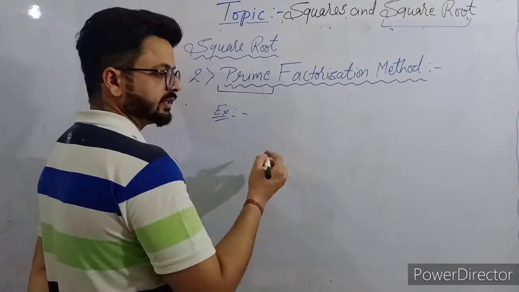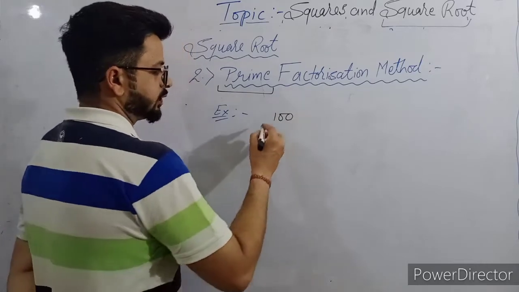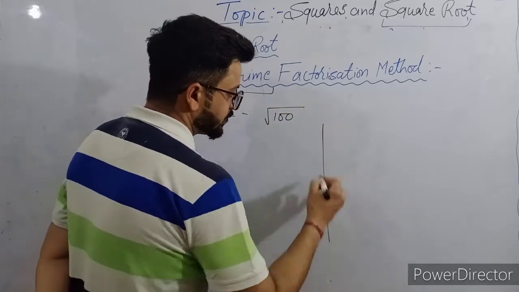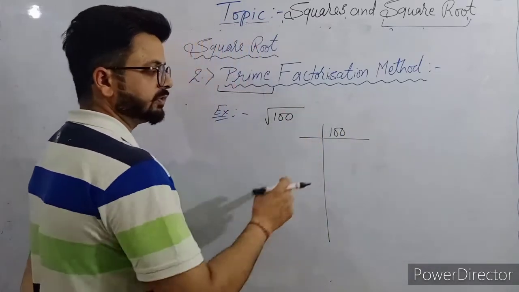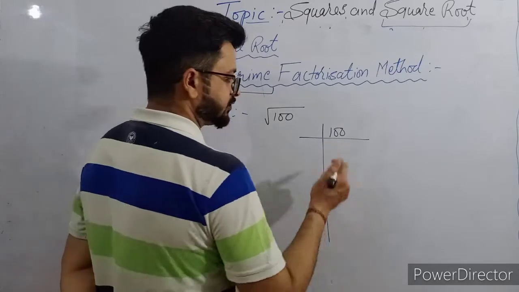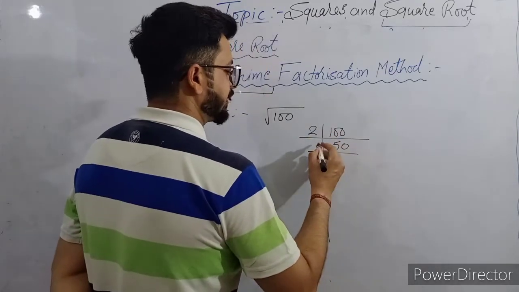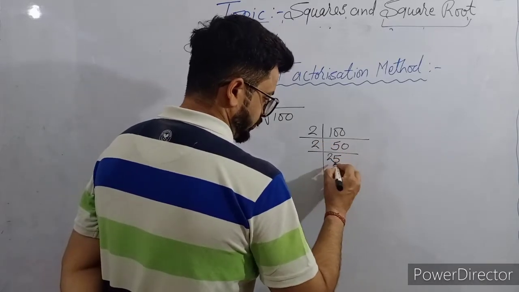Take 100. I need to find the square root of 100. First, the prime factorization. 2 into 50, easily divisible. Now again by 2, 25.